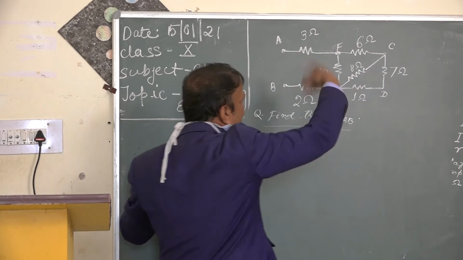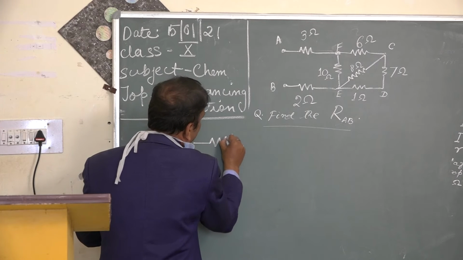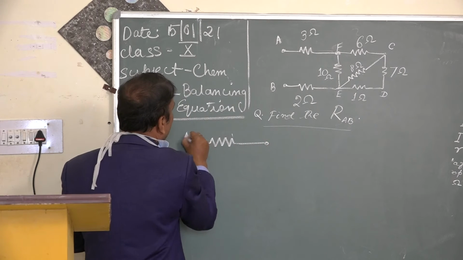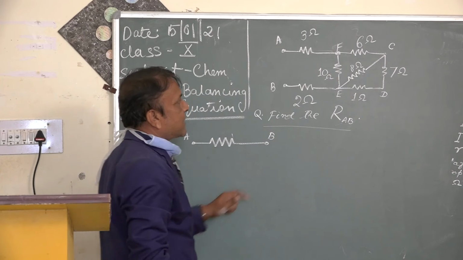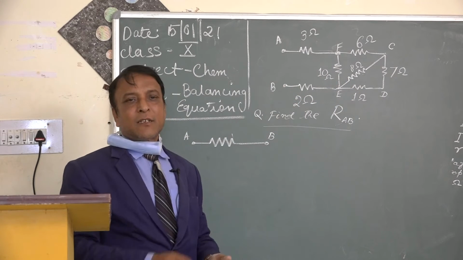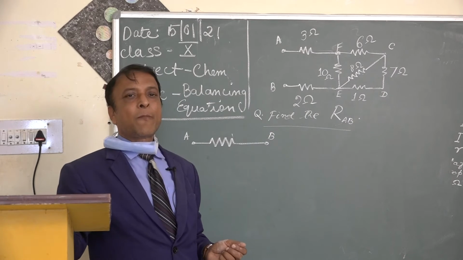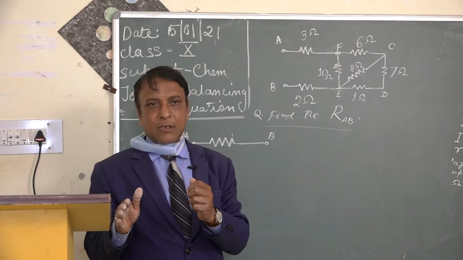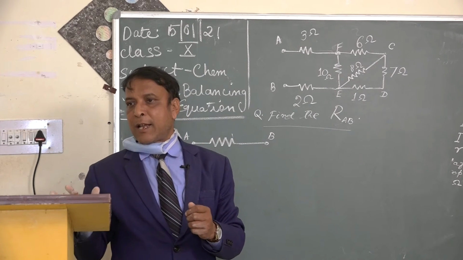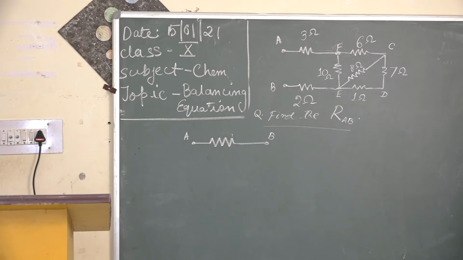Means instead of taking all these, I need a single resistor which can do the same work. That is called the equivalent resistance. I had said you, diagrammatically, with diagrams you simplify this problem. So diagrammatically I am just simplifying it.